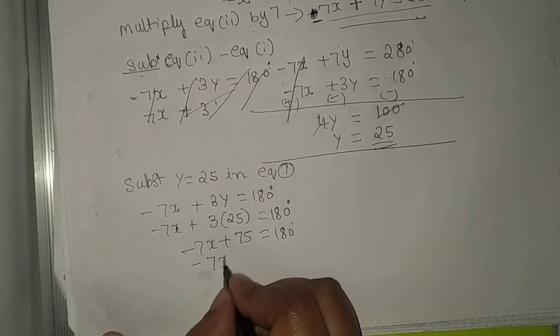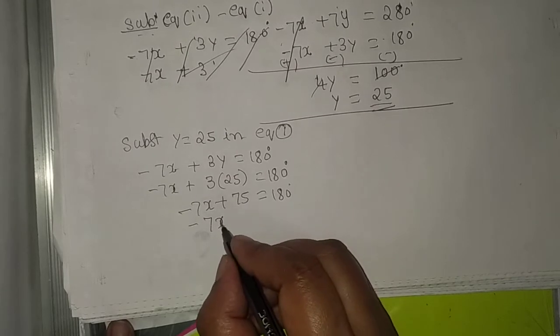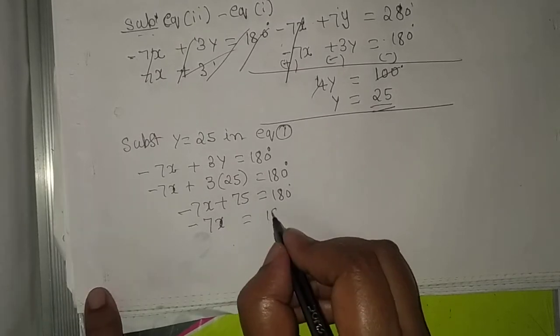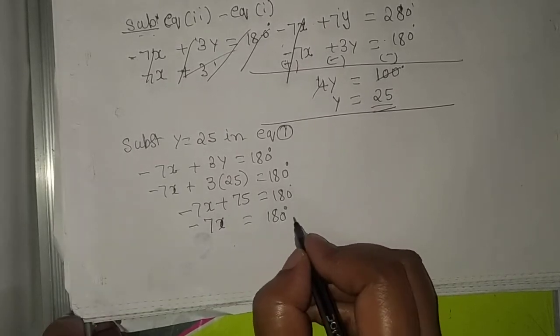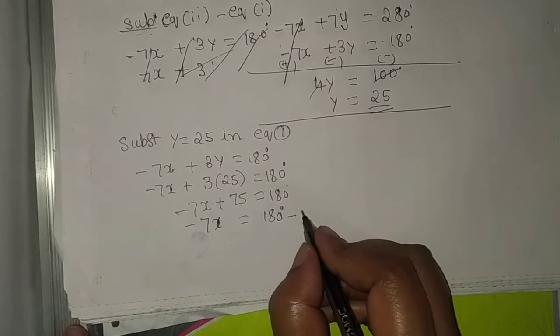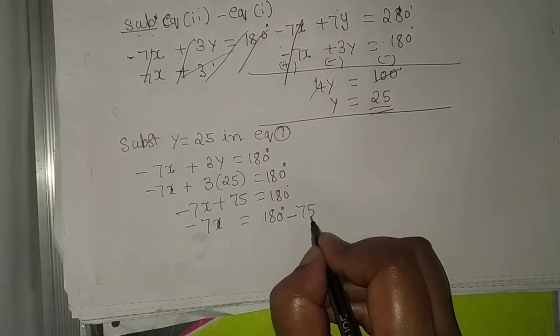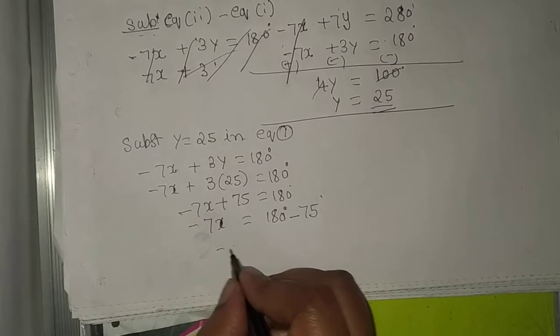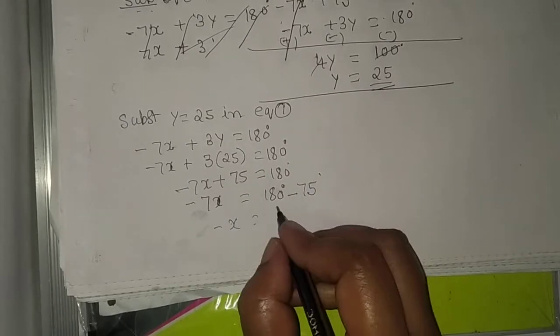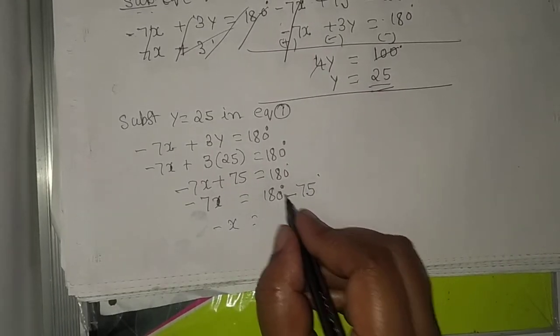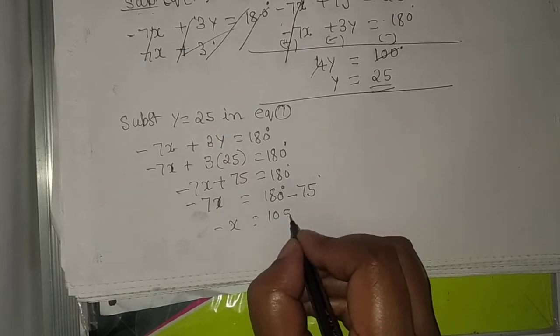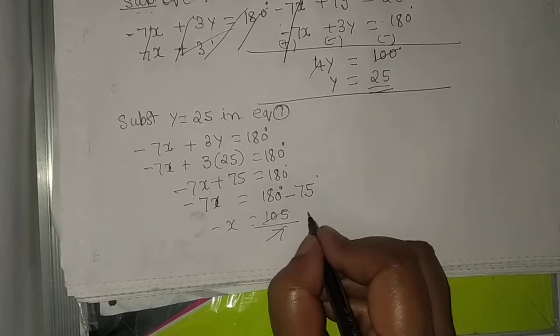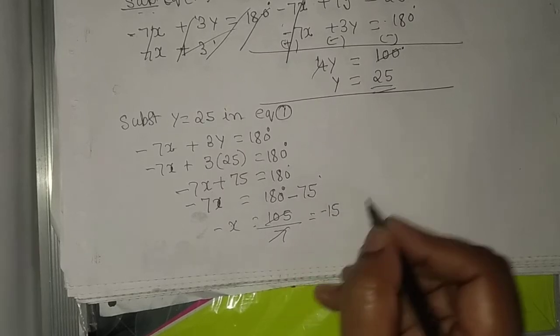Therefore minus 7x is equal to 180 degrees minus 75. Therefore minus 7x is equal to 105. 105 by 7 is equal to minus 15, we are getting.